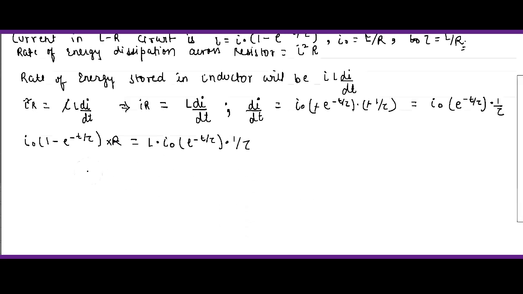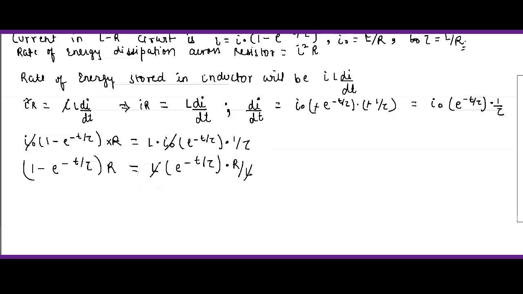Continuing further, I naught and I naught get cancelled out, so the equation will be 1 minus e to the power minus t by tau into R is equal to L into e to the power minus t by tau into 1 upon tau, and as we already mentioned that tau is L by R, 1 upon tau will be R upon L.